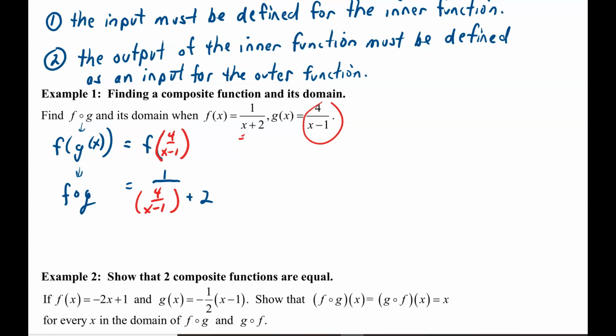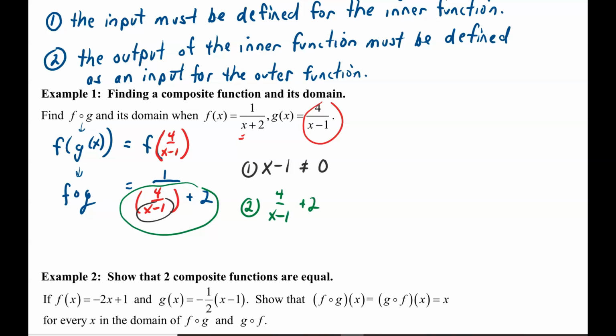So the first denominator is this simple one right here, and we know, number 1, that x minus 1 cannot be 0. The second denominator is the whole thing, this entire thing here, and so we know for number 2 that that whole denominator, 4 over x minus 1 plus 2, also cannot equal 0.